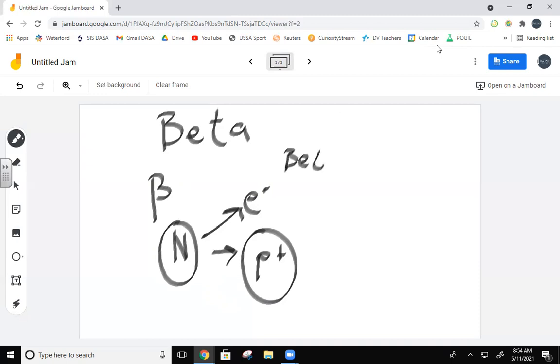Electrons are lame. Let's get rid of them. Cancel culture comes for electrons. Okay. So beta radiation is an electron that is shot out by a neutron, as that neutron becomes a proton.